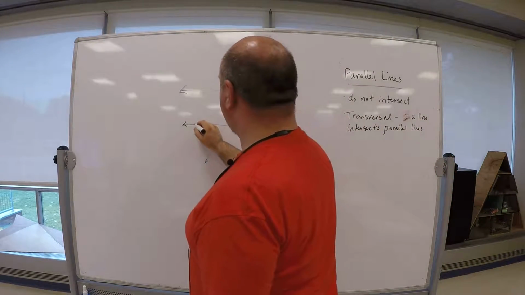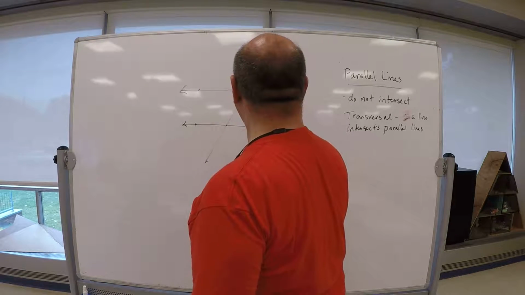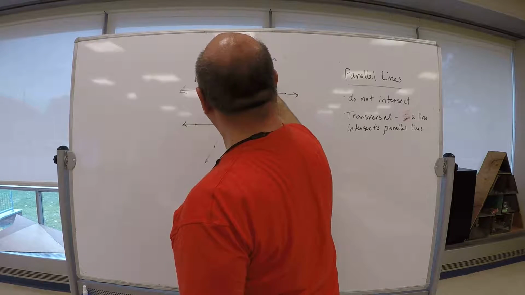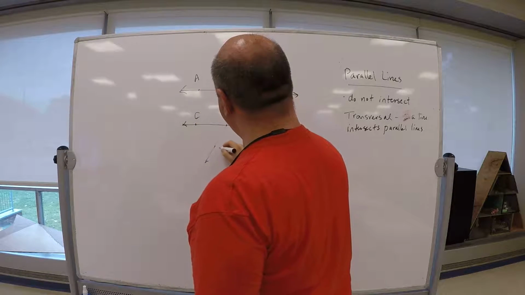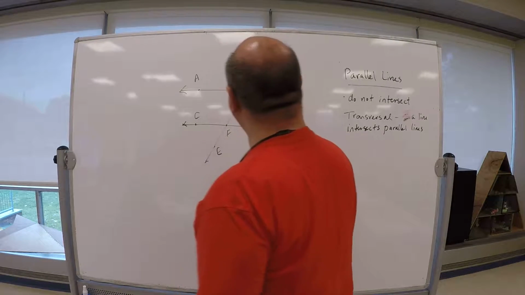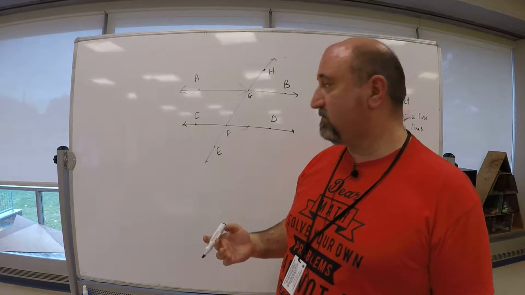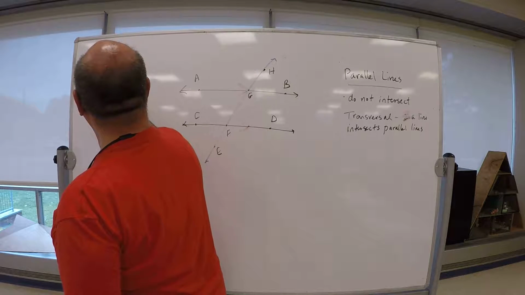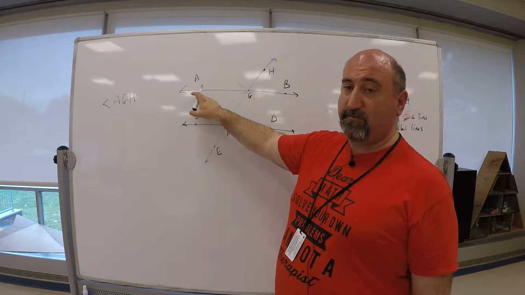And we're going to identify some points so that we can name angles along these lines. So we'll call this A, B, C, D, and then E, F, G, and H. A reminder that in terms of the way that we write angles, we can talk about angle AGH, and when we refer to AGH, we're referring to this angle right here.